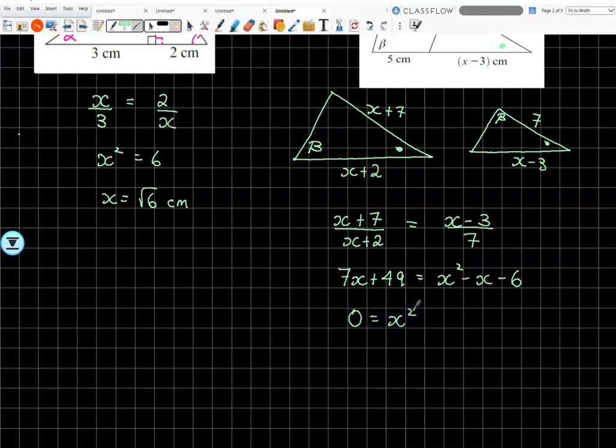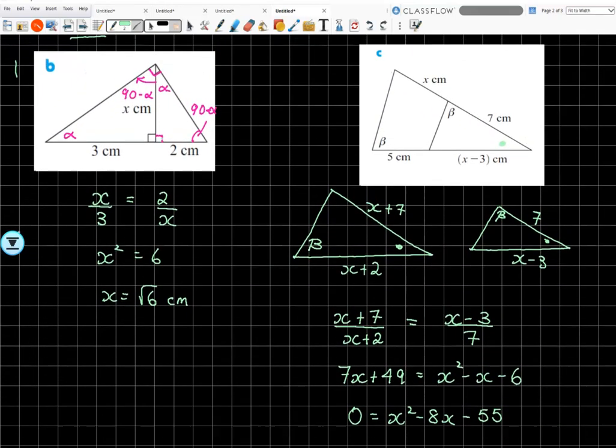So I've got x squared take 8x take 55, and what would I do? To the calculator. Well done. Solve it. I ignore any negative value and I pop it in. Even if I had, let's say, a positive value of 2, could I accept 2 as a solution?